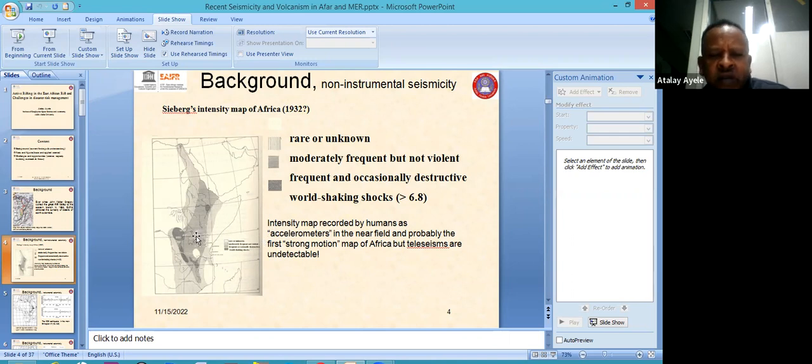Then the next darker is frequent and occasionally destructive. And the last, the darkest one, is world-shaking shocks. Probably this is the 1910 Tanzanian earthquake, the Subukia Valley earthquake, and the 1906 magnitude 6 earthquake in the Ethiopian Rift.